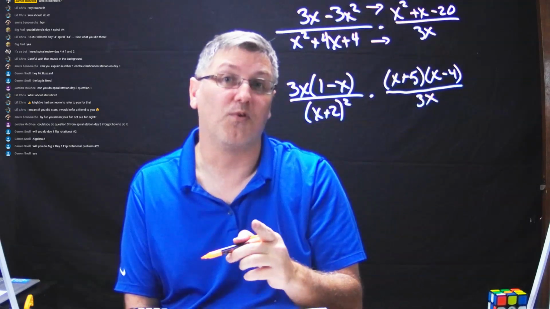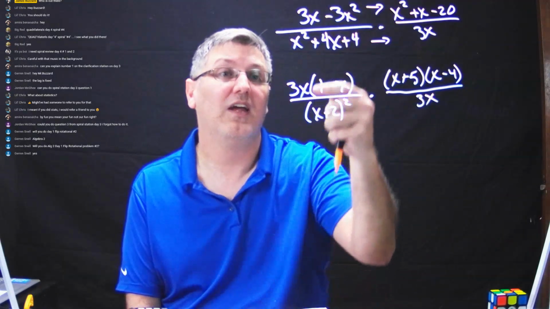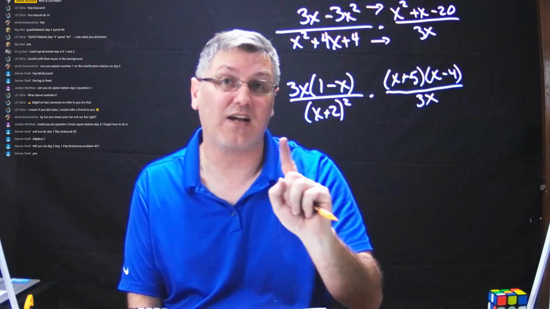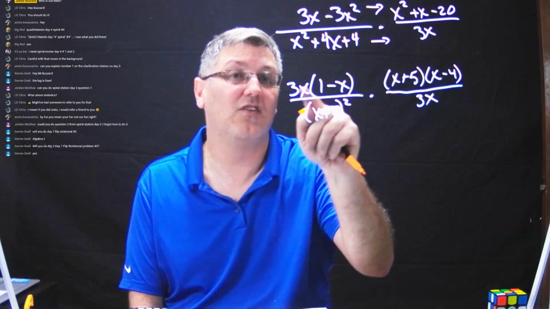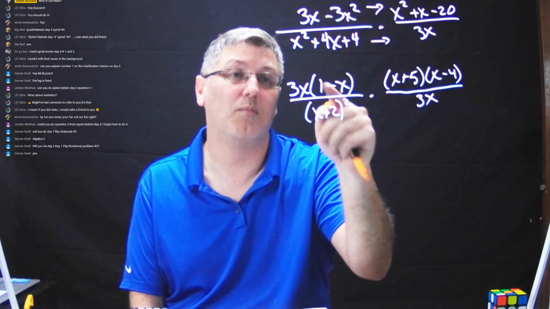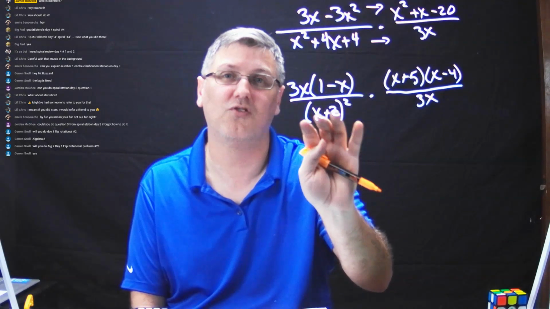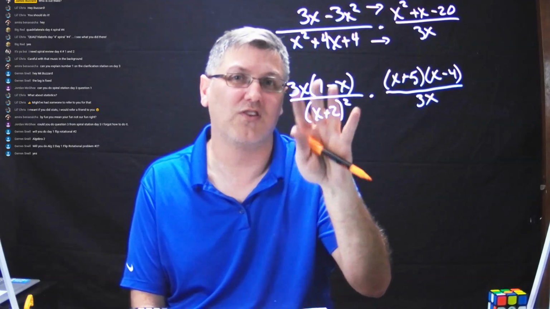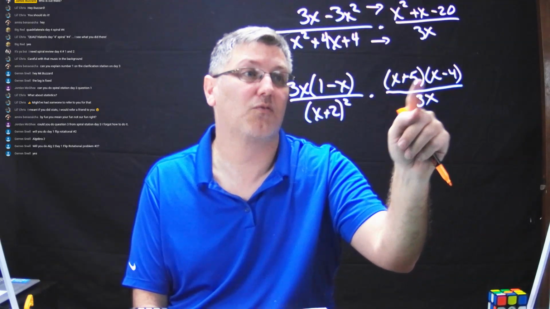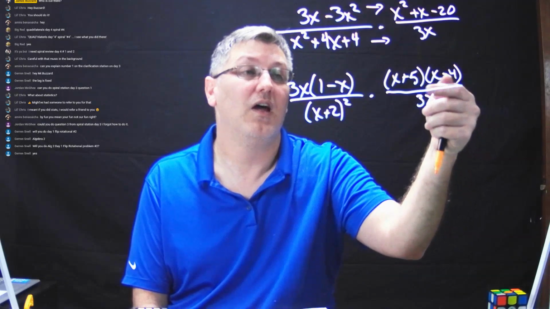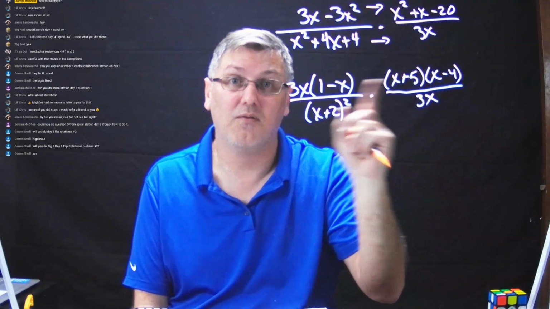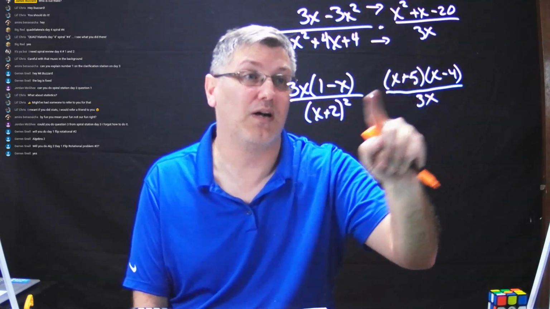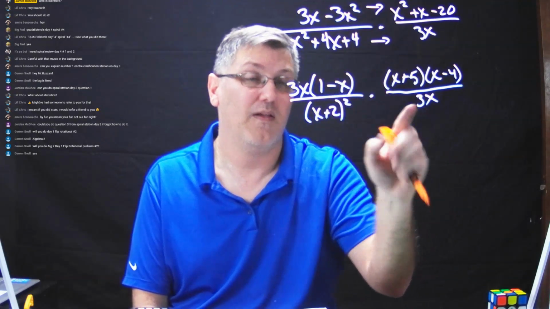Now, we're going to look to simplify. So the rule is, on a fraction, if you look up and down and anything is exactly the same, then it cancels out and becomes the number 1. In this case, I have a 3x on top and a 1 minus x on top, and I have just an (x plus 2) squared on bottom, so there's nothing that's the same. Over here, I have an x plus 5 and an x minus 4, and then a 3x on the bottom. Nothing there is the same, so nothing cancels out. But when we multiply, we're allowed to look at the diagonals.